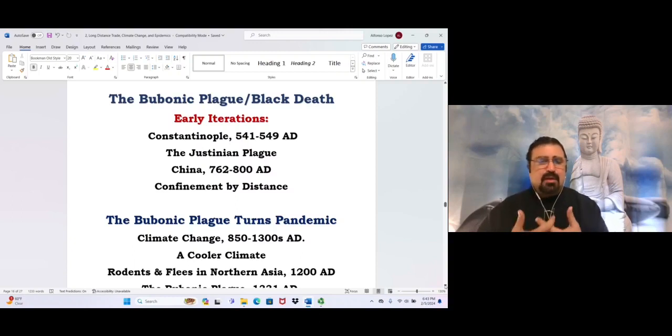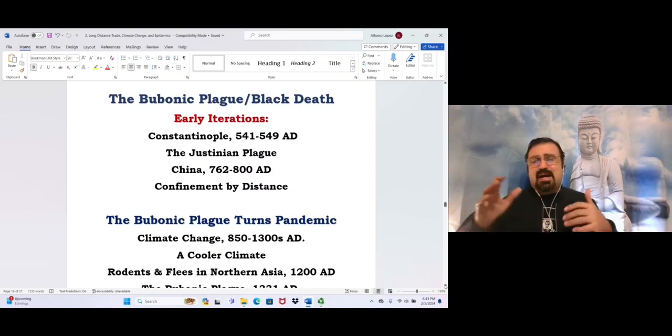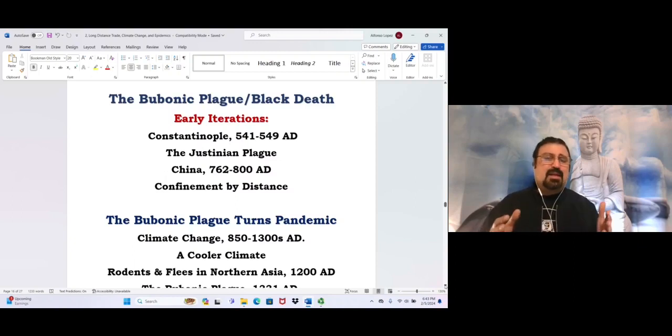In fact, there were thousands of people dying in the city of Constantinople every week, at the height of the plague. And so from there, it spread across the eastern Mediterranean. And by the time the plague subsided in 549, it is estimated that about 25% of the population of the entire eastern Mediterranean world died from this plague.